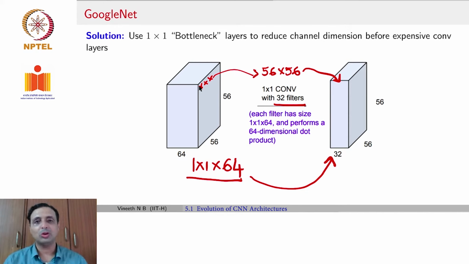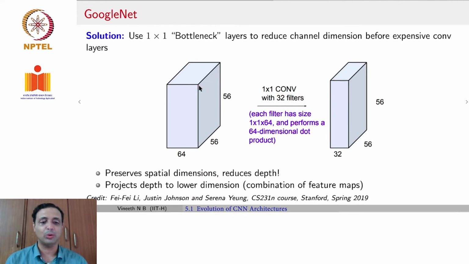So by doing the 1x1 convolution, a 56x56x64 volume became a 56x56x32 volume. And you can imagine now that instead of 32 filters, you could have just chosen 3 filters, 4 filters, so on and so forth. So the depth could have been arbitrarily reduced by using this trick of doing 1x1 convolution. And that's what the GoogLeNet designers did in the Inception module.